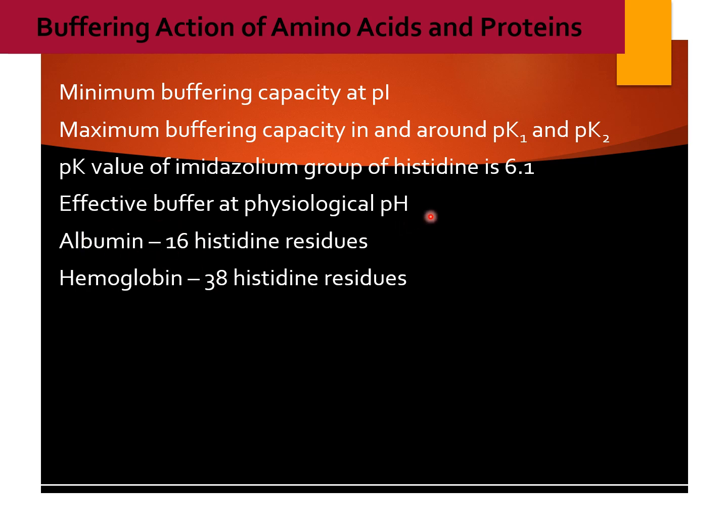Albumin contains 16 histidine residues, which is a very significant amount, and hemoglobin contains 38 histidine residues. Because of the presence of a very good proportion of histidine, albumin and hemoglobin are both very good pH regulators of the blood. They have good buffering capacity.